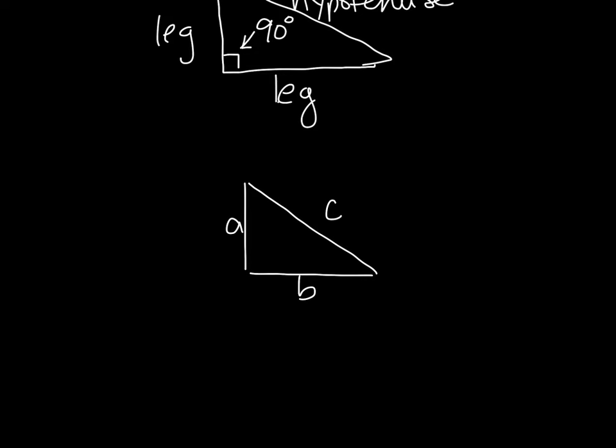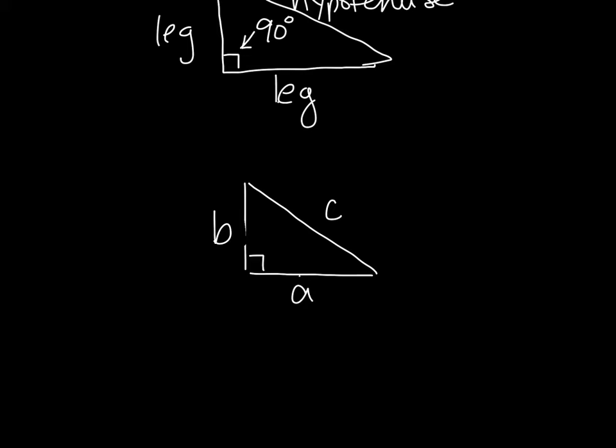Some people get confused about which one's A and which one's B, but it doesn't really matter, as long as they're the legs and not the hypotenuse. I could totally switch these, and put B on the side and A on the bottom, and it's still the same thing.